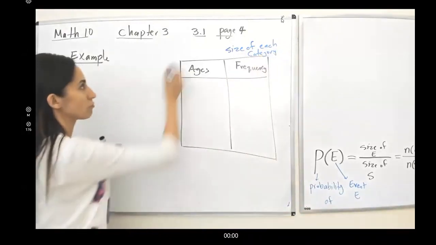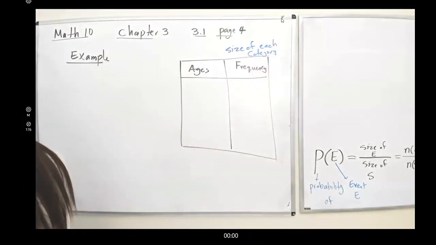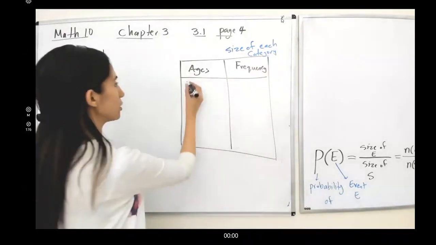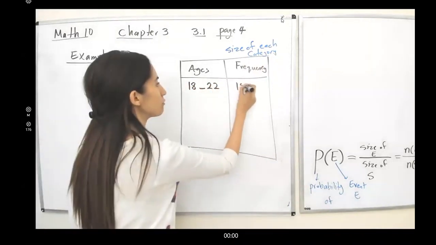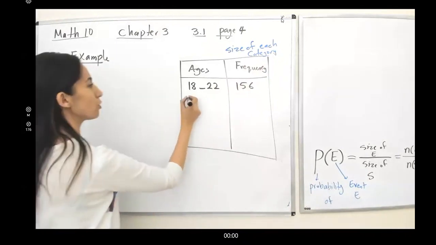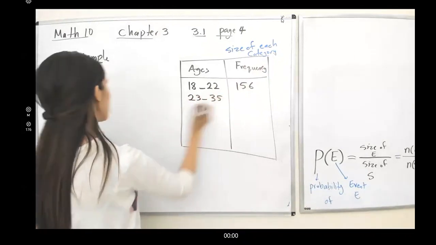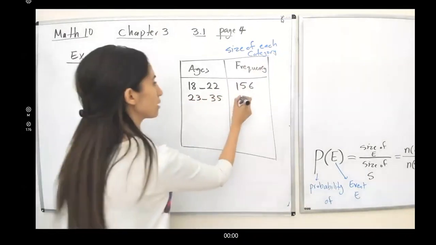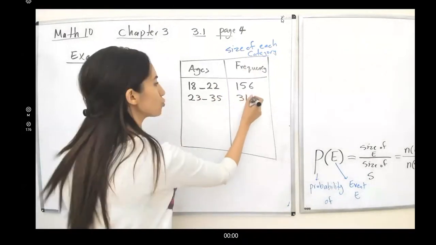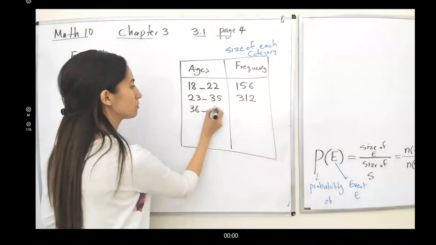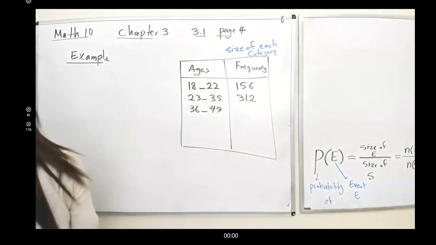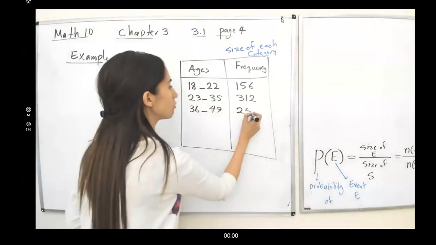Category. Okay, the first category, ages 18 to 22. The frequency is 156. The second category, 23 to 35, has a size of 312. Next category, 36 to 49. This category has size equal to 254.